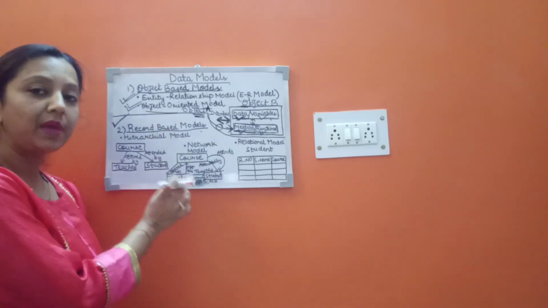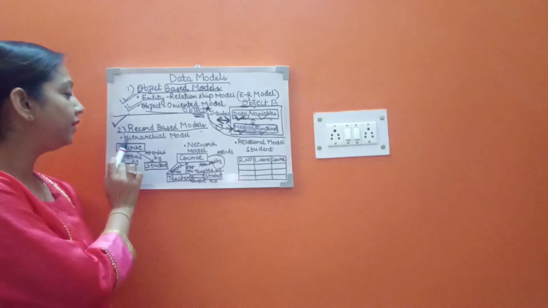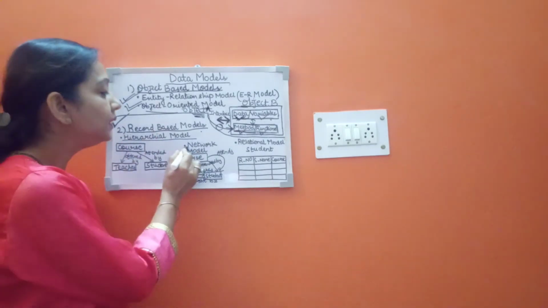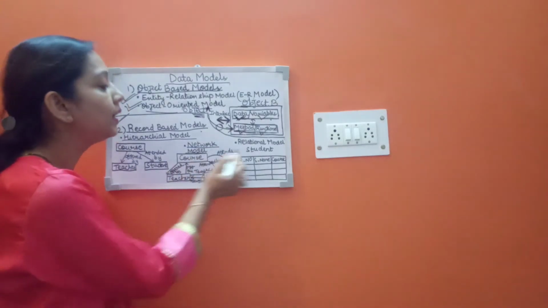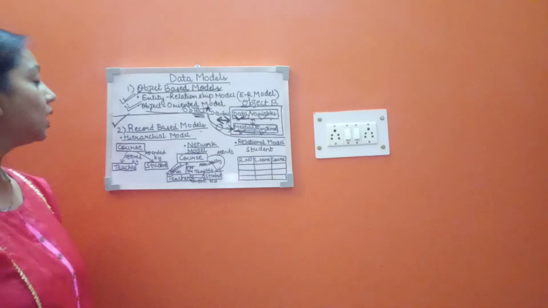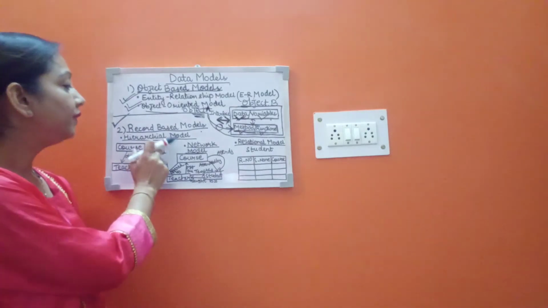In the record-based models, further we have three different types of models: the hierarchical model, the network model, and the relational model. So, we will start with the hierarchical model.